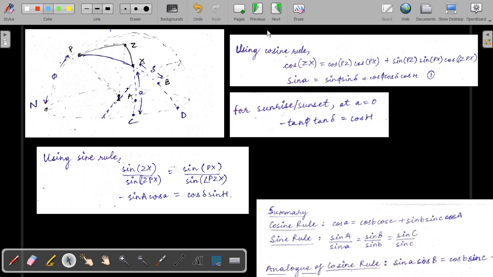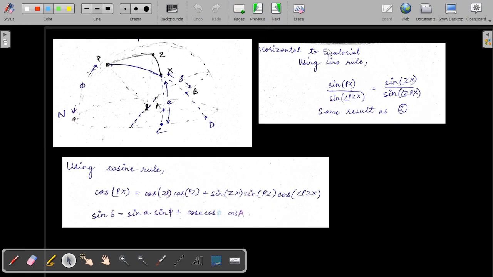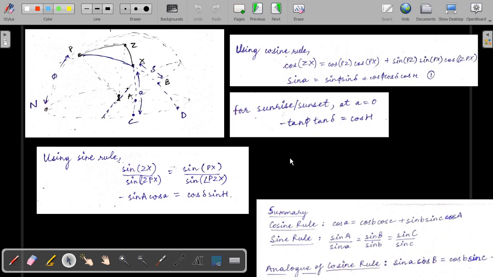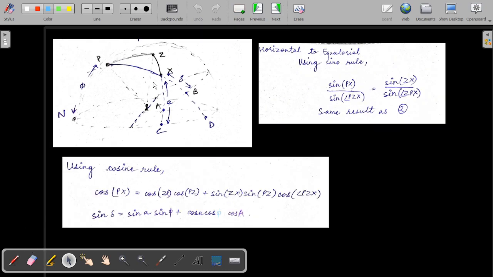Now, moving on to the next section, not really the next section, but the conversion between the horizontal and equatorial system. This is just Control C, Control V from the previous section. You have PX in here because you want to find declination instead of ZX, which was needed when you wanted to find altitude.